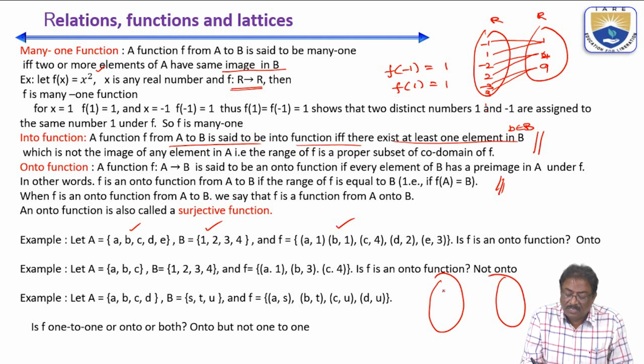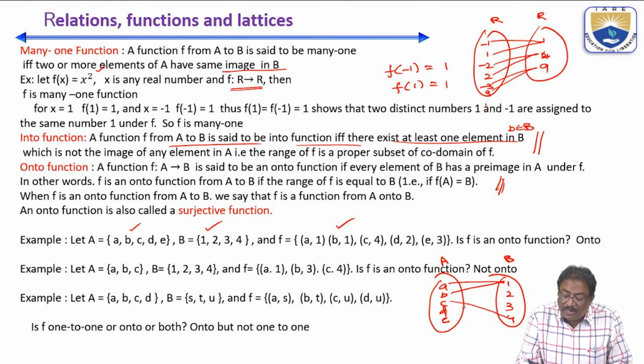Let us go for it. I am taking A, B, C, D, E and the next 1, 2, 3, 4. This is A and this is B. Now A is mapped to 1 and B is mapped to 1, C is mapped to 4, D is mapped to 2 and E is mapped to 3.